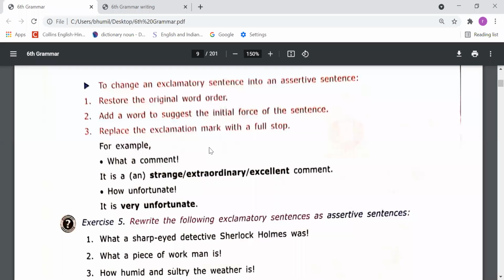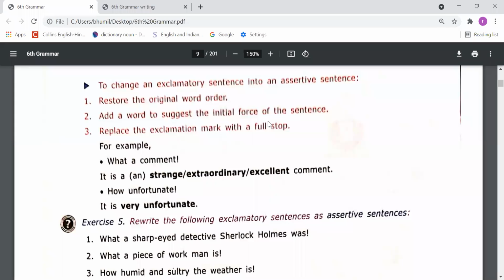First change is that you need to restore the original word order. So the word order you have to change. Second, add a word to suggest the initial force of the sentence. What initial force you add in an exclamatory sentence, like what and how, these words you add in exclamatory sentences. So instead of what and how, you should use another word.